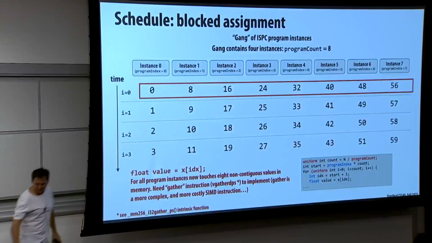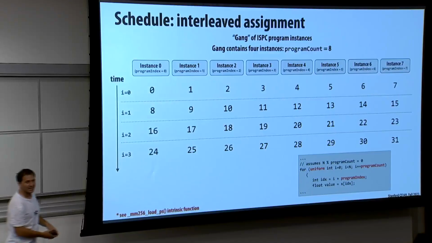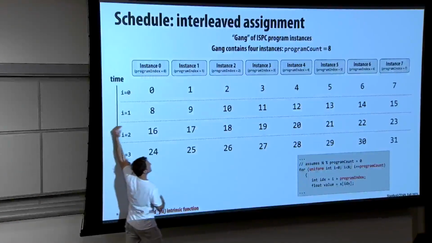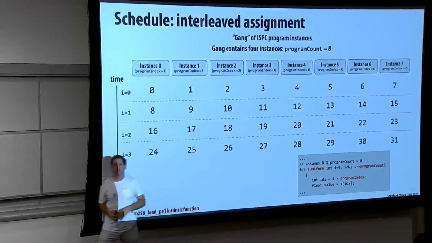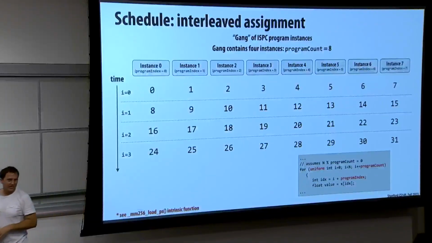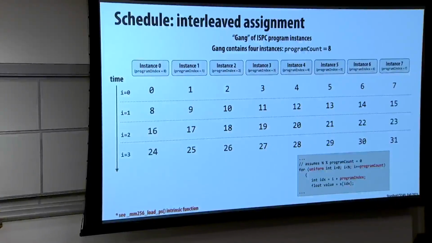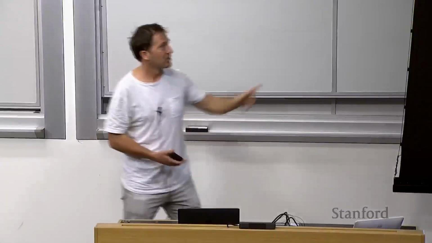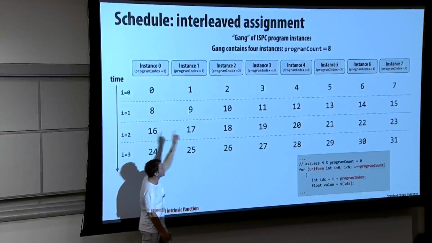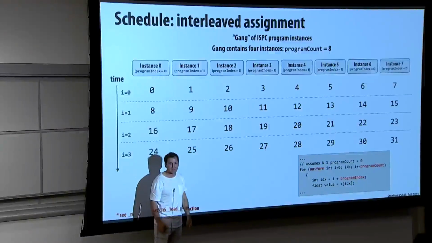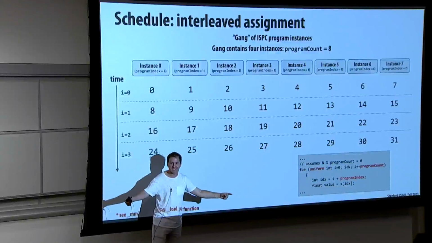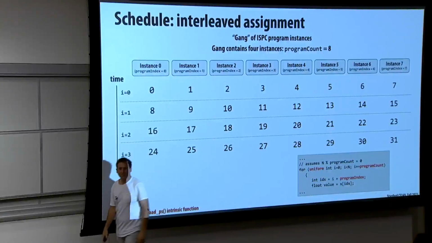In my first program, at any one moment, the different program instances were accessing one by one data. Any idea which one's preferred? You like this one, because you're saying at one moment in time, I'm going to ask memory for all these consecutive indices, which happens to fall right on a cache line, and that will be much more efficient.